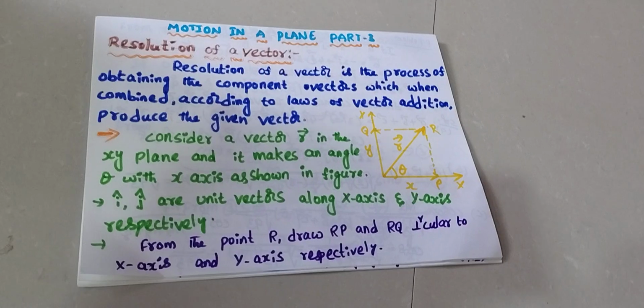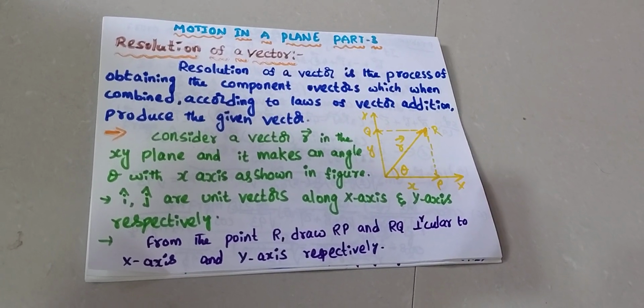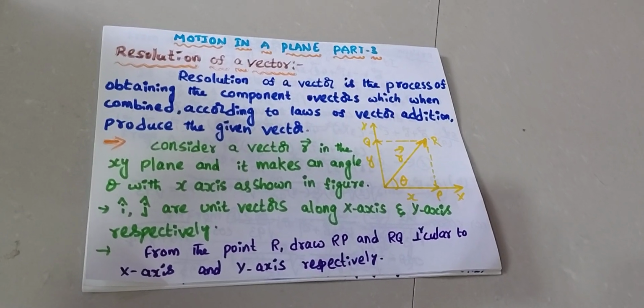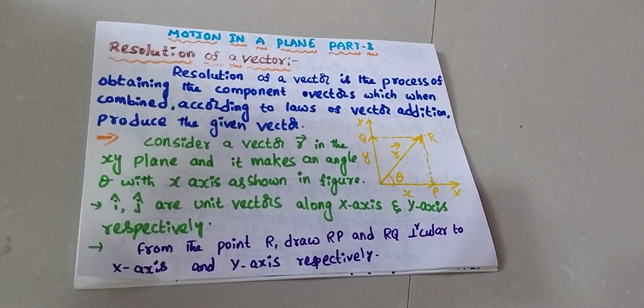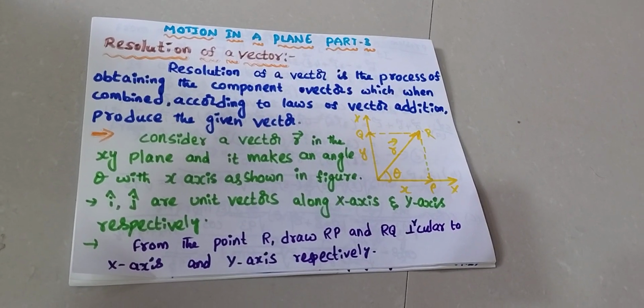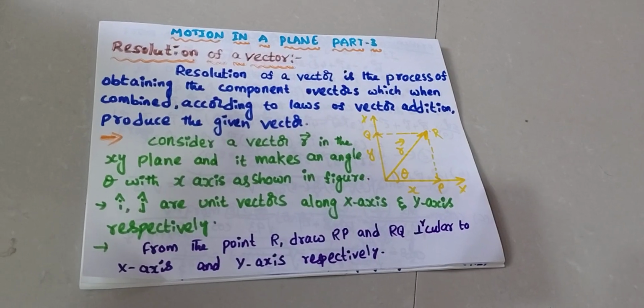The y-axis component is sin theta. These two components, combined according to the law of vector addition, produce the given resultant vector.